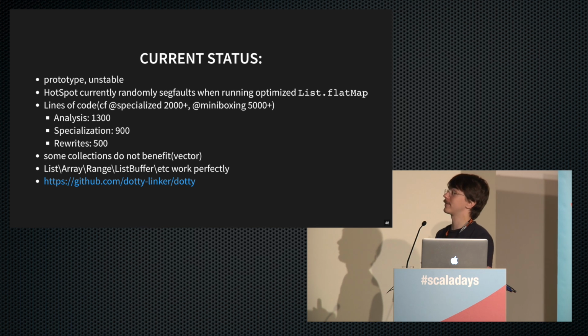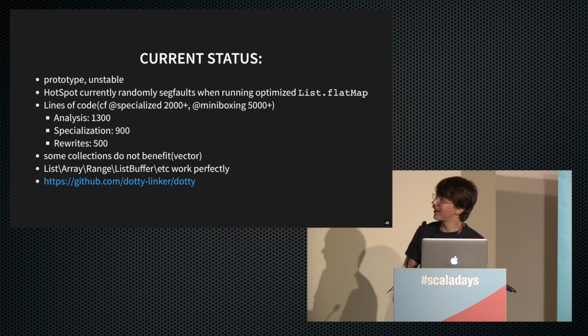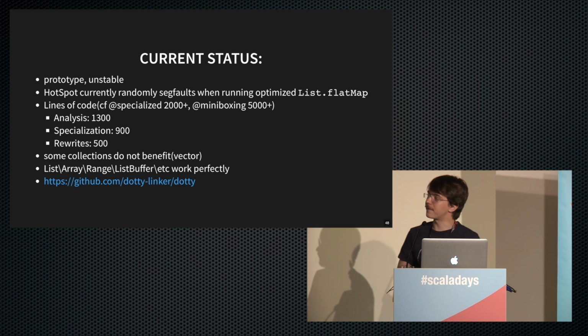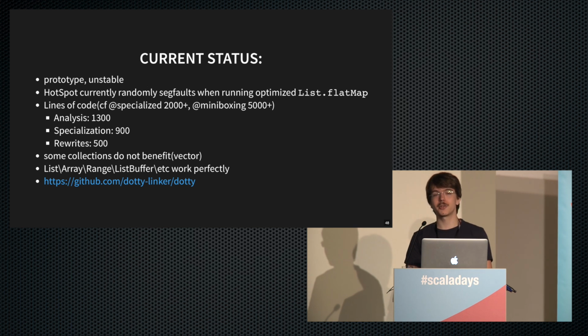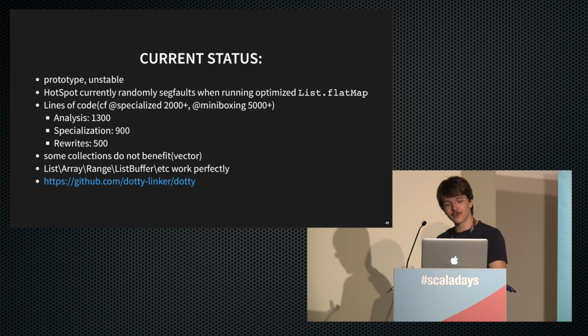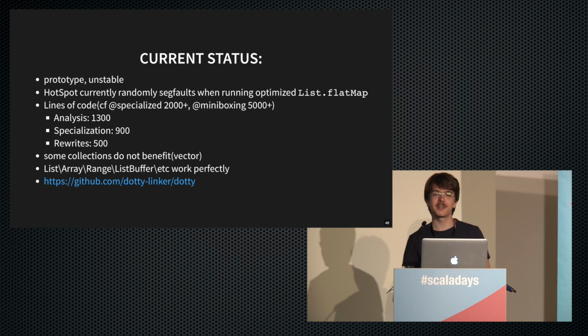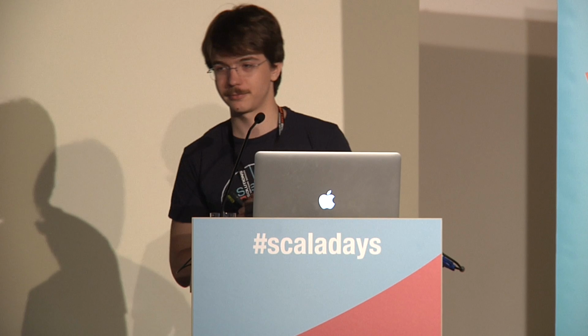Speaking of the code base, I believe that while I specialize stuff, I'm creating a huge amount of default methods, which nobody ever created in a single code base. If you try to specialize list flatMap, you have a 20% probability of HotSpot segfaulting.